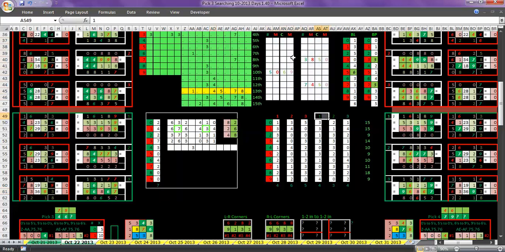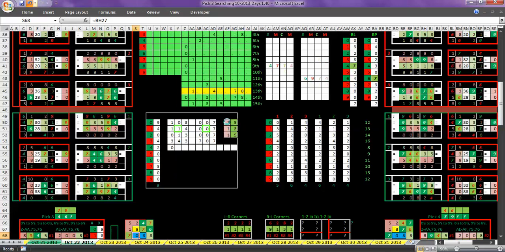So we've got 3 paired with 5, or 3 paired with 0, 7 paired with 5, or 0, 4, 5, and 0. That's not what I'm looking for really, but we're just looking at how these numbers here change.